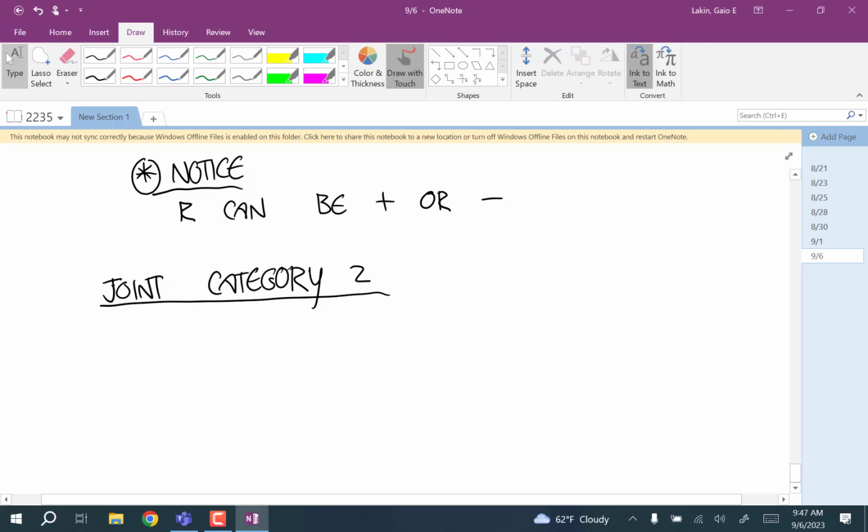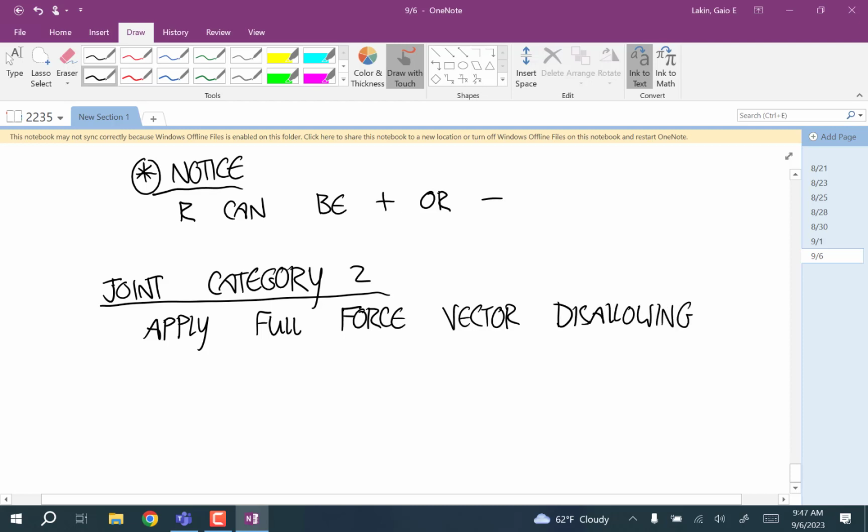So these joints apply a full force vector, disallowing all translation, but no couple. And because of that, they introduce 2 variables into Newton's laws.